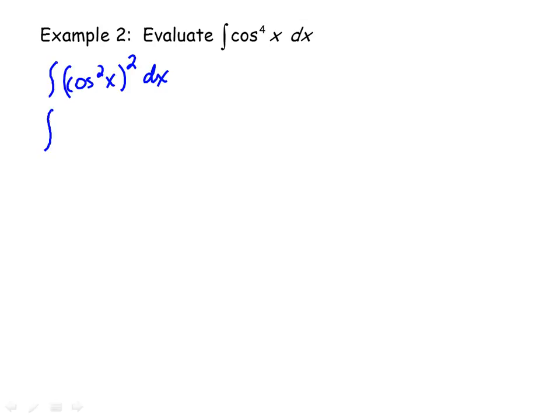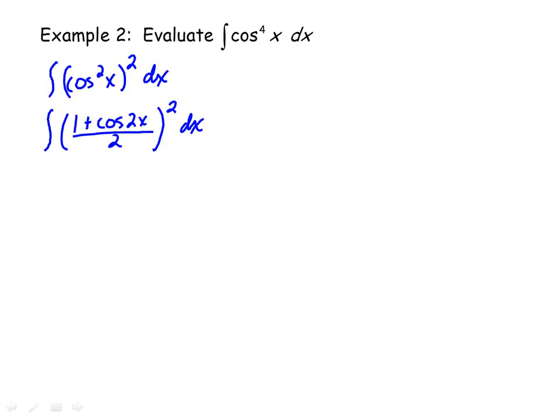Cosine squared x, quantity squared is going to be what? 1 plus cosine 2x over 2, and we are going to square it. Now, we're going to go to Cal 1 now.